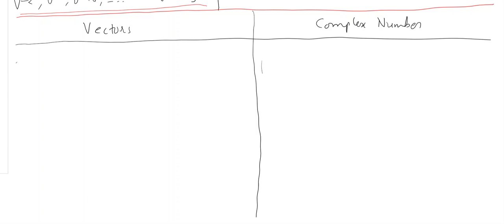We know that vector r can be expressed as x i cap plus y j cap. Similarly, a complex number is conventionally denoted by the letter z, and you can write it as a plus i b. Now be careful. i cap and j cap are unit vectors along the x and y axes, whereas this i is not i cap, it is representing the square root of minus 1.